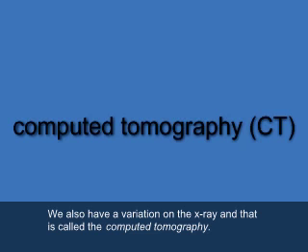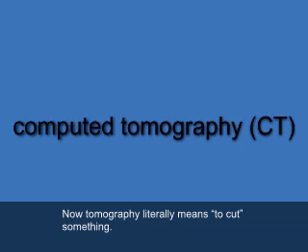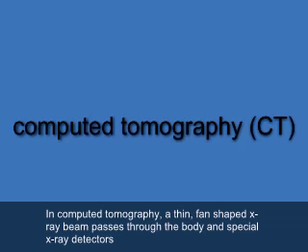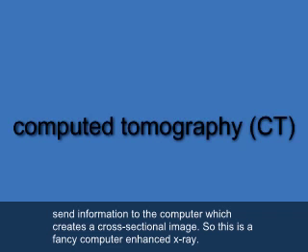Tomography, computed tomography. Now, tomography literally means to cut something. In computed tomography, a thin-shaped X-ray beam passes through the body, and special X-ray detectors send information to a computer, which creates a cross-sectional image. So this is a fancy computer-enhanced X-ray.